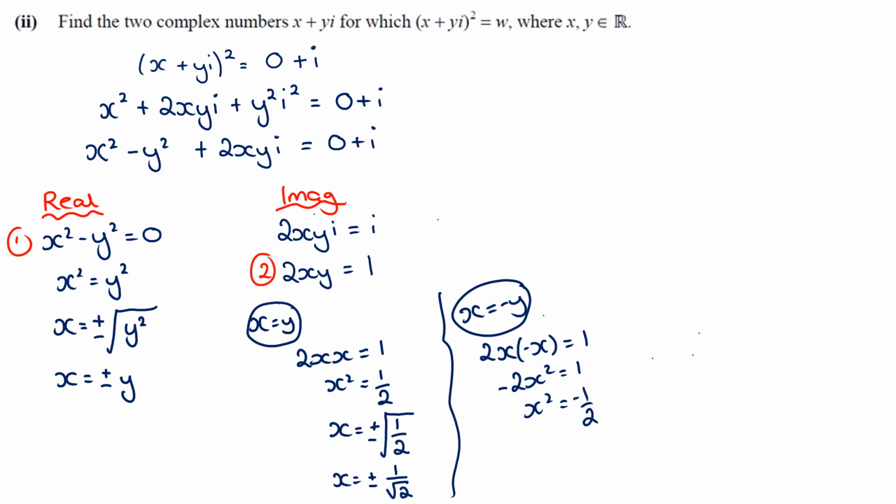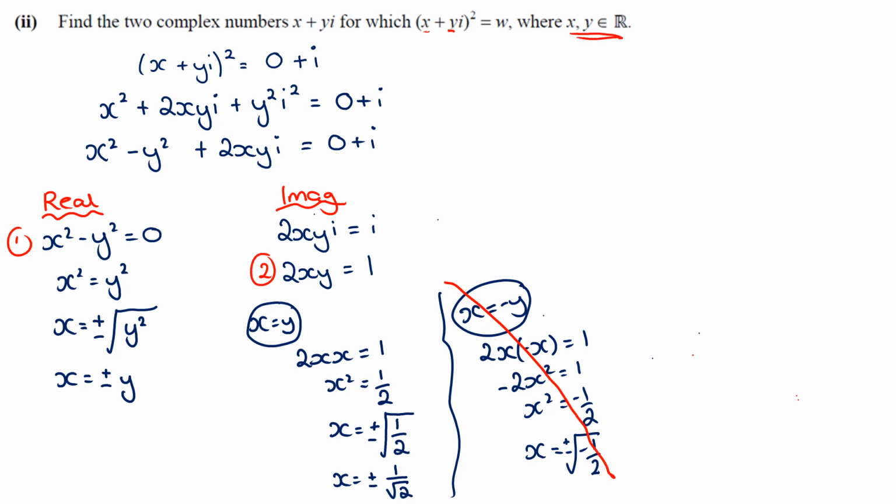And there's no answer to that because x would equal the square root of negative half, plus and minus, and we can't get the square root of a negative number. And I know you say, oh, we're in complex numbers. But remember that x and y from up here both need to be real. So this is not valid.